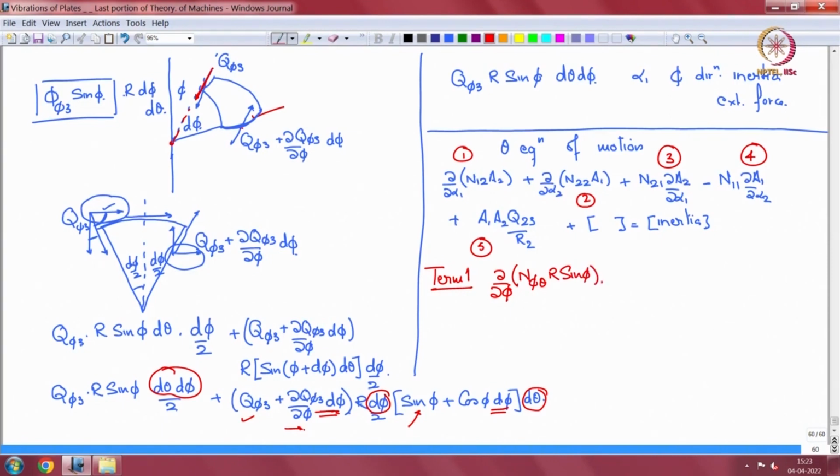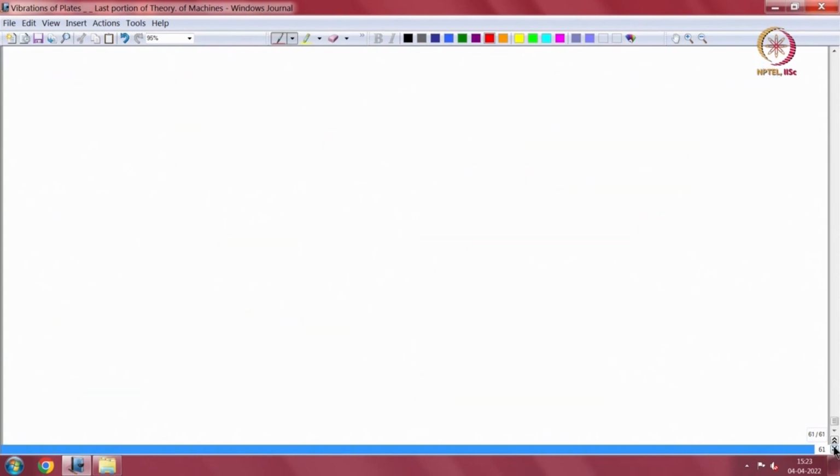Okay, let me take this to the next page. So term 1 looks like del phi of n phi theta r sin phi.